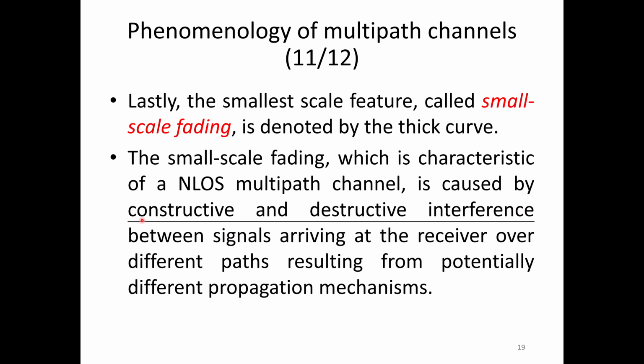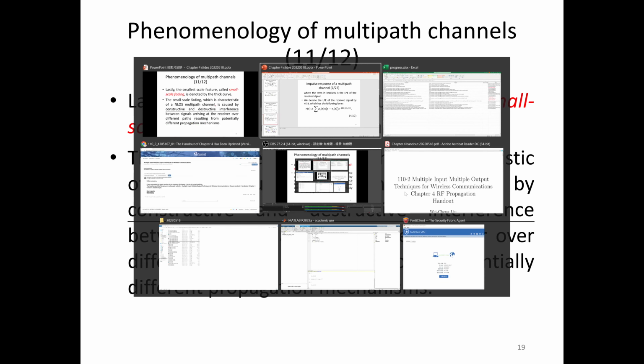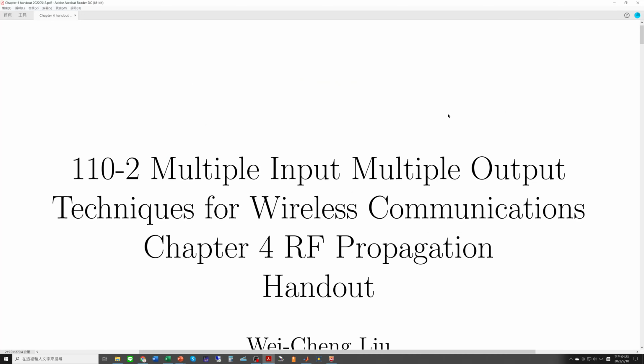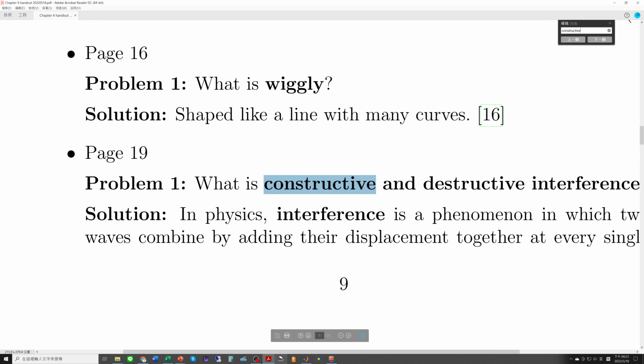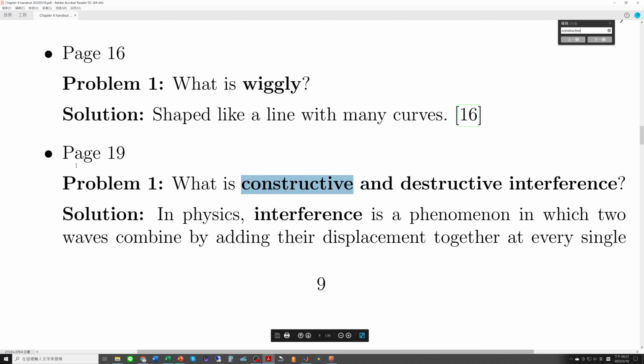Okay, what is constructive and destructive interference? Let us see the handout. So we are on page 19.